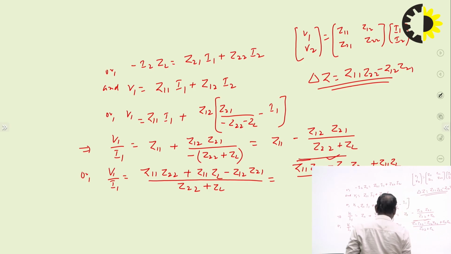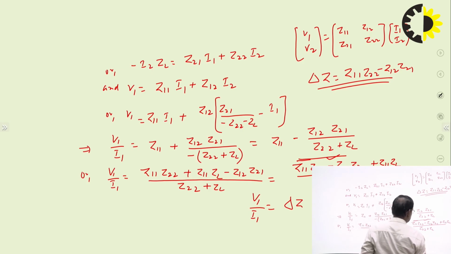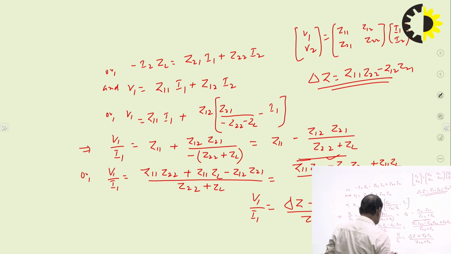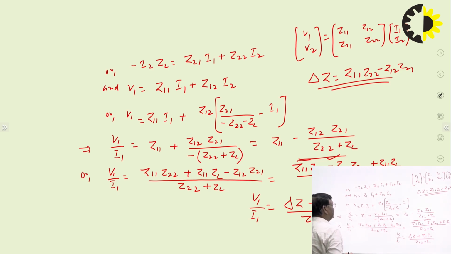So it can be written as V1 upon I1 is equal to delta Z plus Z11 ZL upon Z22 plus ZL. So V1 upon I1 is nothing but Zi.